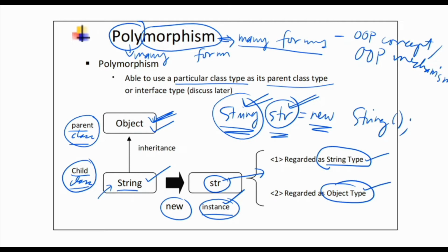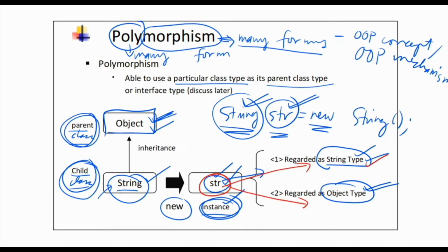So given that str is an instance of this class string, which is a child class of the parent class object, instance str has these two class types. So str is considered a string type and also an object type.